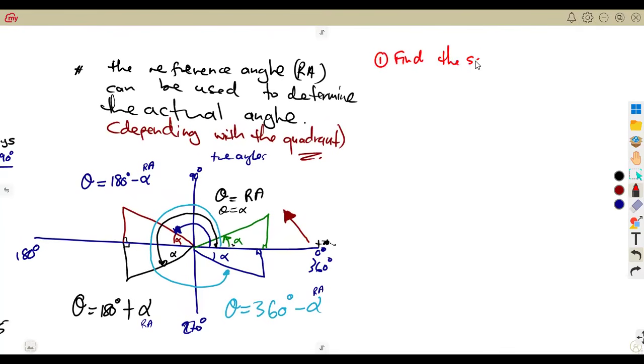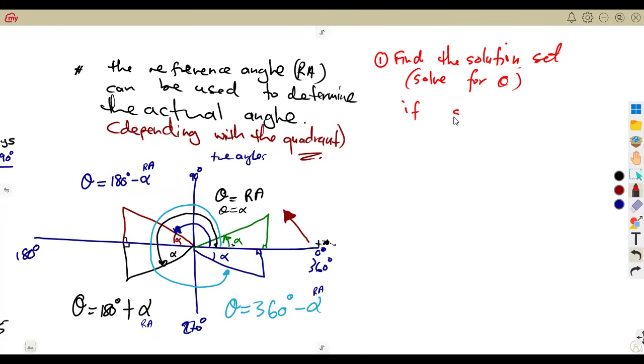Find the solution set for theta. Like I said, guys, once you're given this, it simply means to solve for theta.